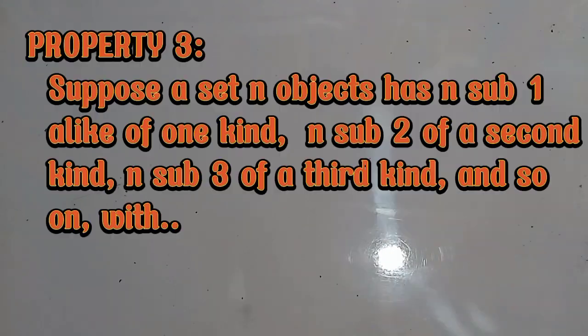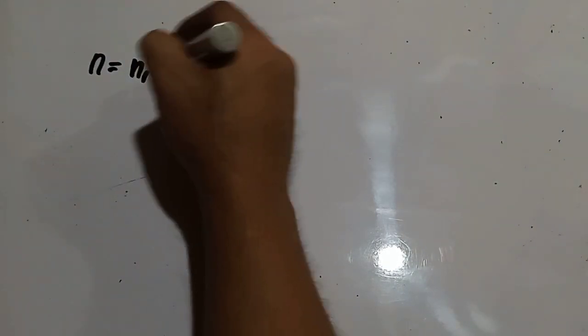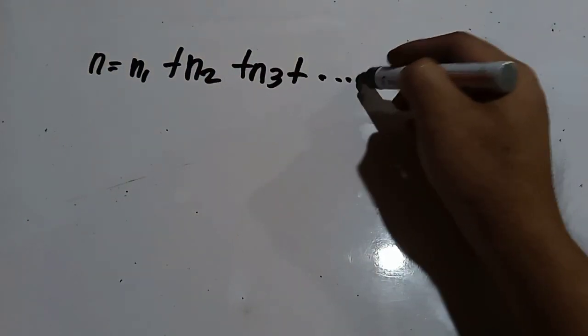Okay, suppose a set of objects has n sub 1 alike of one kind, n sub 2 alike of a second kind, n sub 3 alike of a third kind, and so on. So n equals n sub 1 plus n sub 2 plus n sub 3 and so forth.